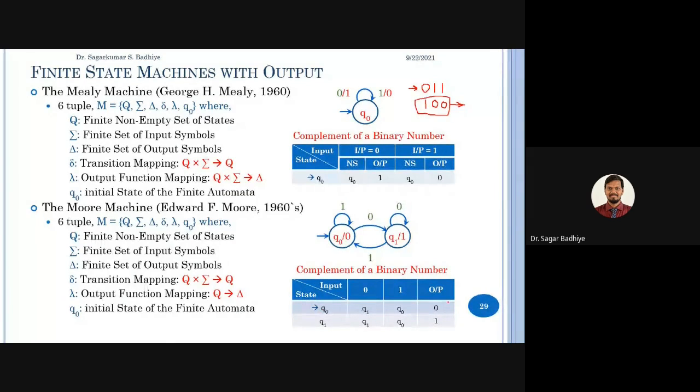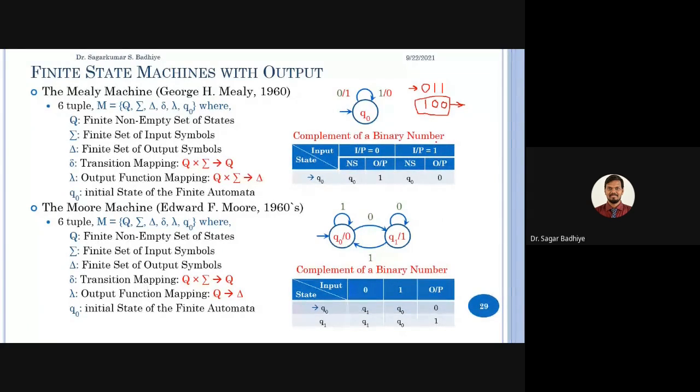So for one state there is one output, for another state there is another output. In the earlier case, the output was dependent on the transition, that is on state and input, therefore we had two different outputs for two different input symbols. But here the output depends on the state. If you are in q0, you will always produce 0 output. If you are in q1, you will always produce 1 output. So we have only one output column over here, right?